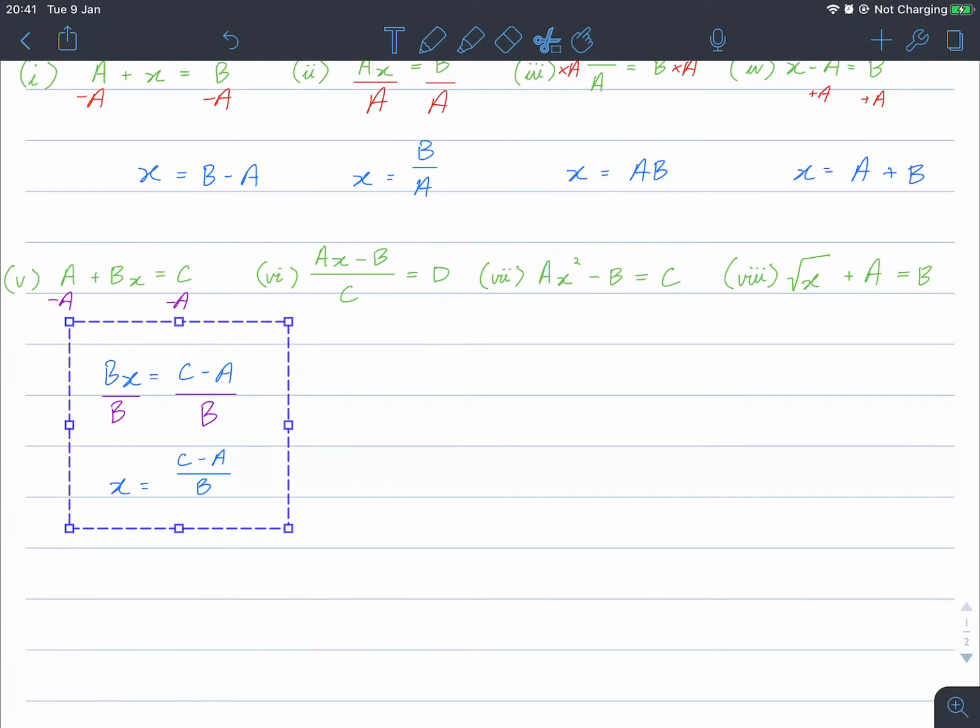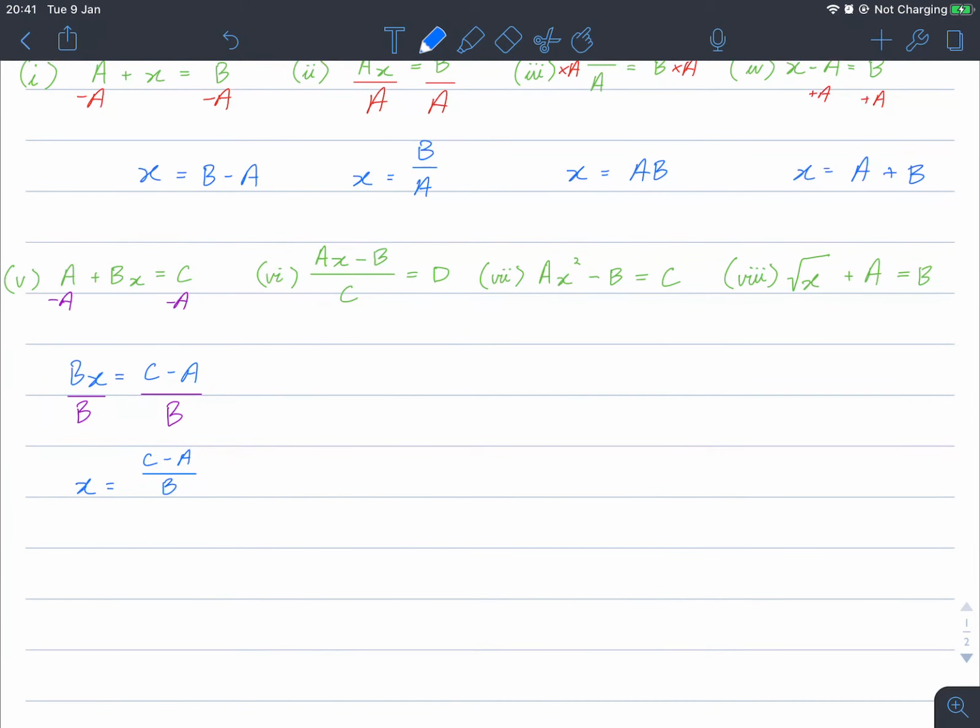Okay, let me just rearrange this a little bit to give myself more space. Another example, we have AX minus B all over C. To change this, we would get rid of this first. So we'd multiply both sides by C. This will give us AX minus B equals CD. Now, A and X are together, so we can't do that.